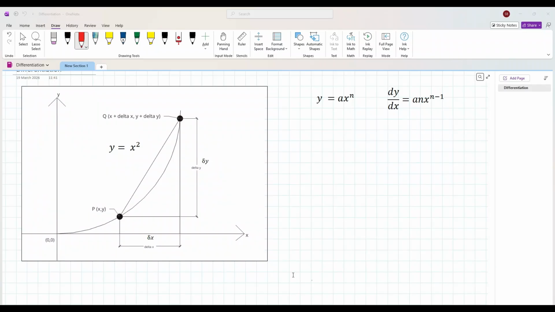Consider the function y equals x squared. We see that there are 2 points on the curve, P and Q. P has coordinates (x, y) and Q has coordinates (x plus delta x, y plus delta y). We then draw a chord connecting these two points, like so.